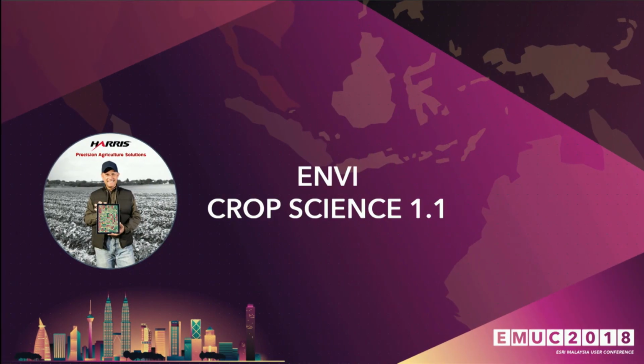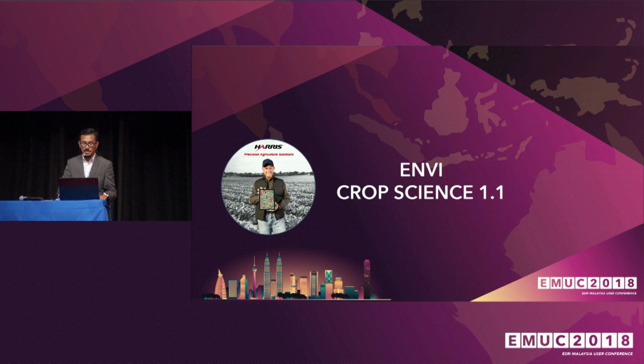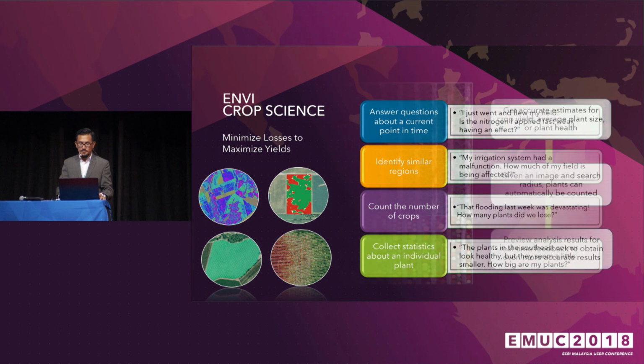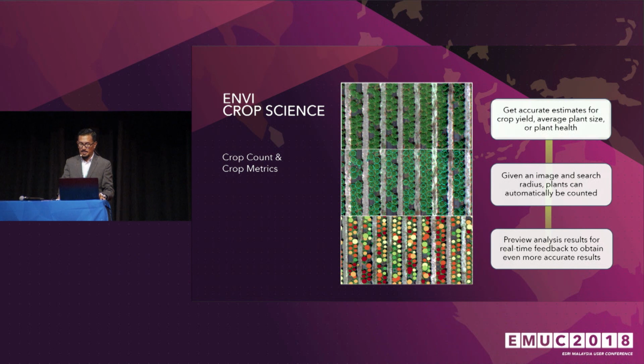Okay, for the last topic that I want to share, which is using the Crop Science extension. For people involved in crop and plantation, they always need to know how their crops are growing and how natural disasters affect their crops. For this demo, I will show you how you can precisely count your crop, and also know how healthy your crop is.